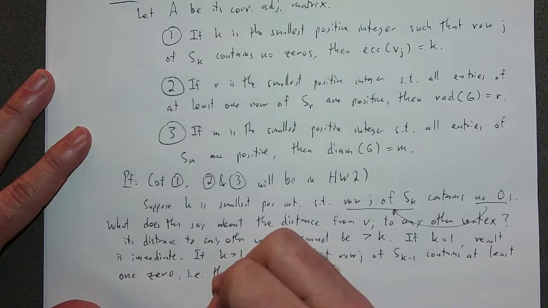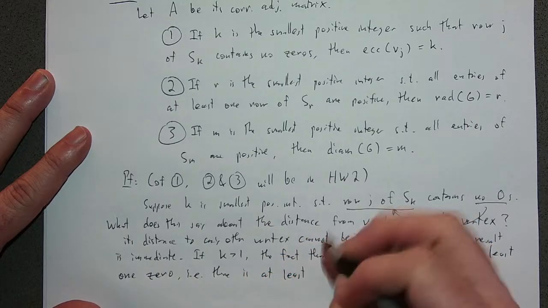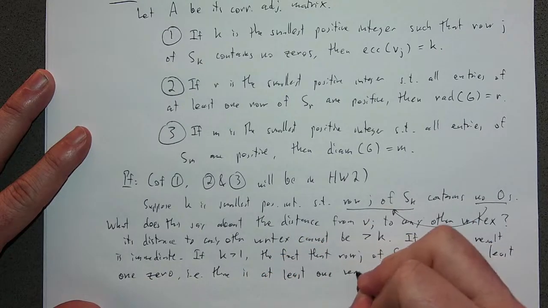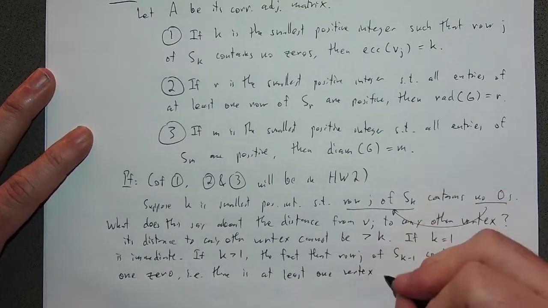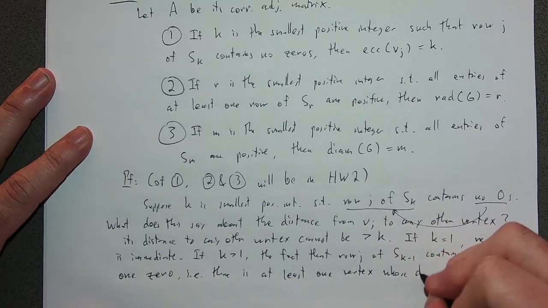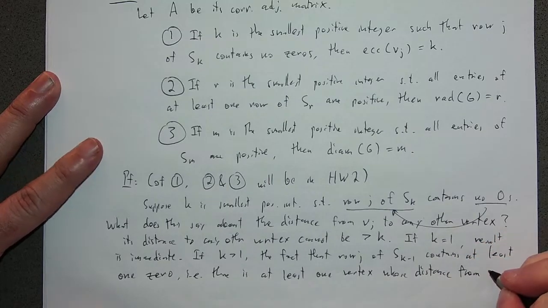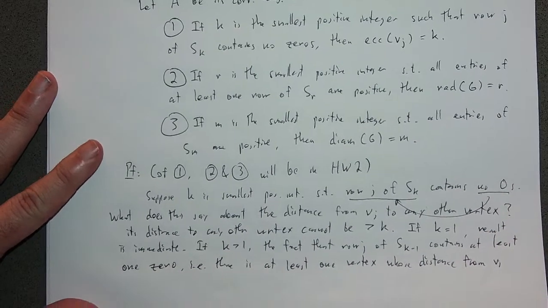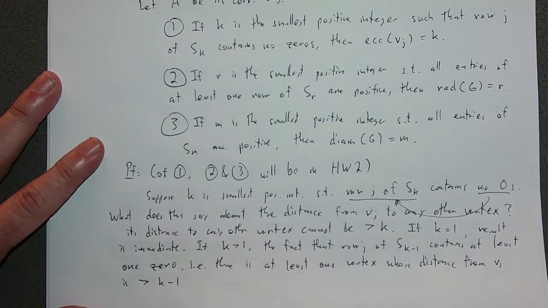That is, there is at least one vertex whose distance from Vj is greater than k minus 1.